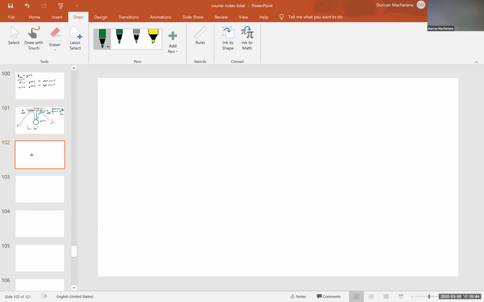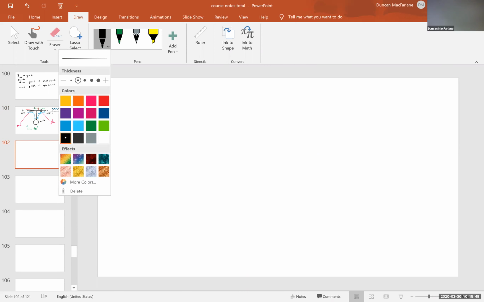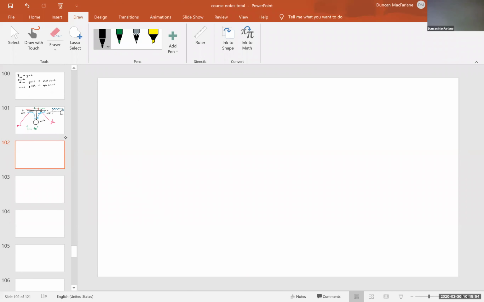Okay, so now to put in a few more rules of the road. Three rules. V equals I times Z. And that's a generalization of Ohm's law.